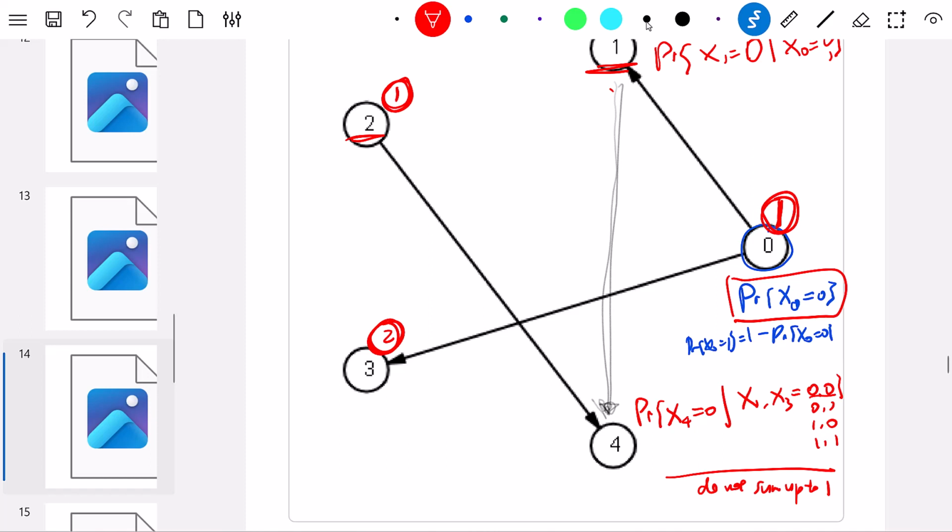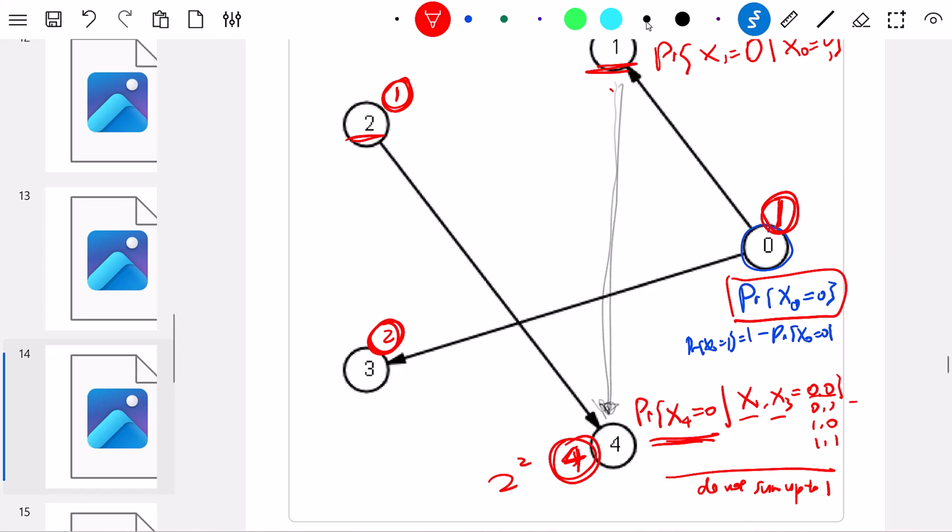So we need all 4 of them. For each one, we just need one number, because the probability of x4 being 1 can be computed as 1 minus the probability of x4 being 0, given the same values for x1 and x3. So we have 4 numbers here, and the 4 comes from 2 to the power 2. If x4 had 3 parents, then we would need 2 to the power 3.